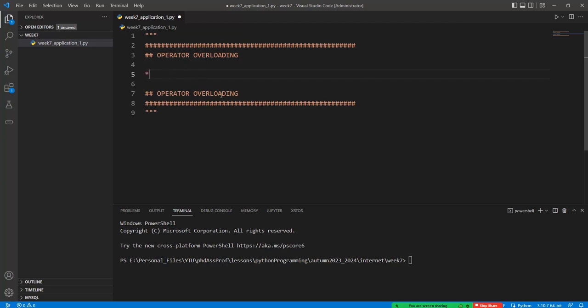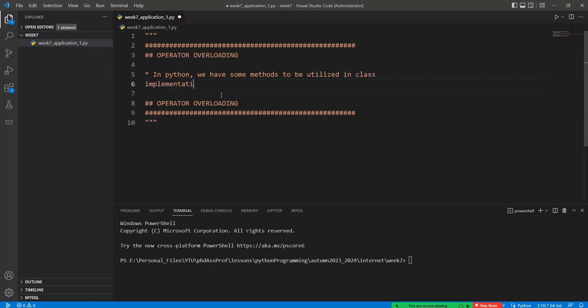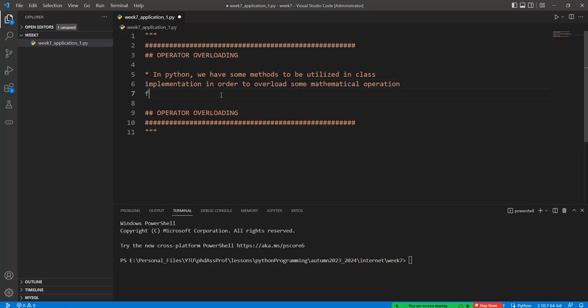So, in Python, we have the special methods to be utilized in class implementation in order to overload some mathematical operation or some specialized operation, for each variable or instance.